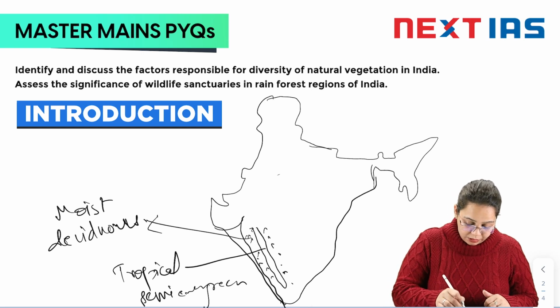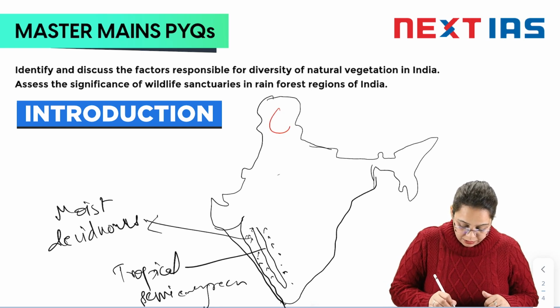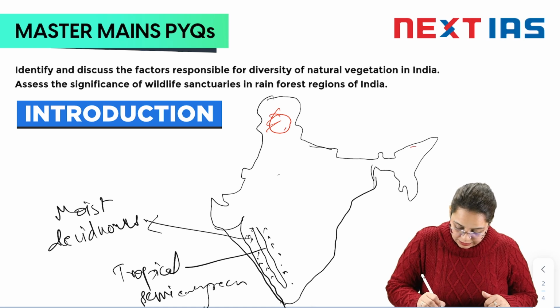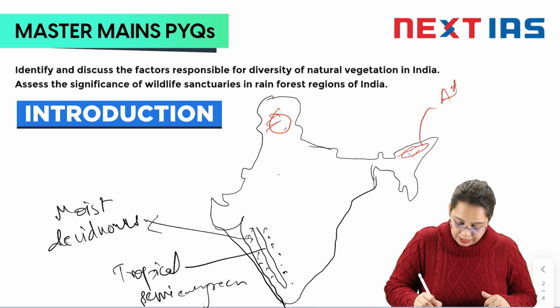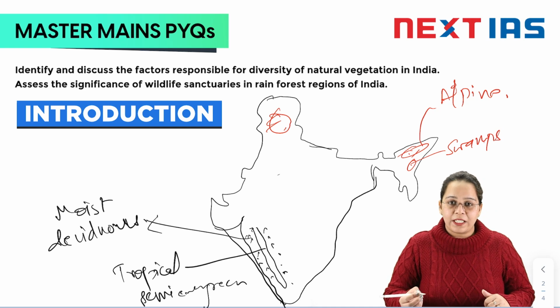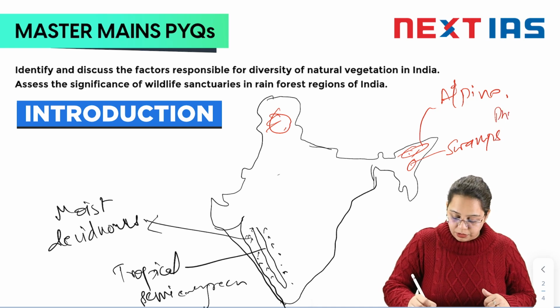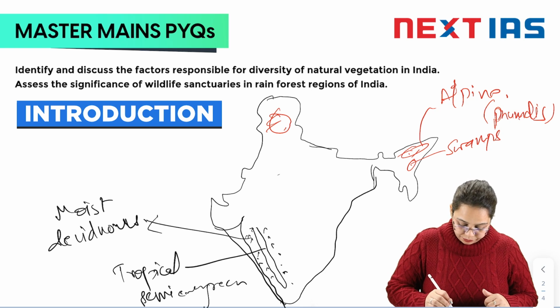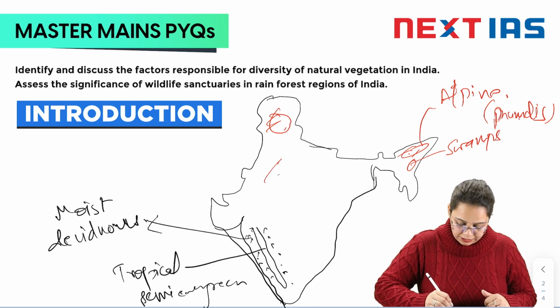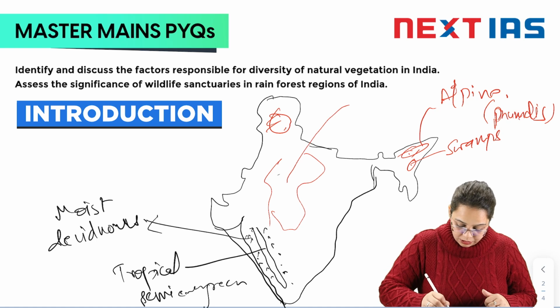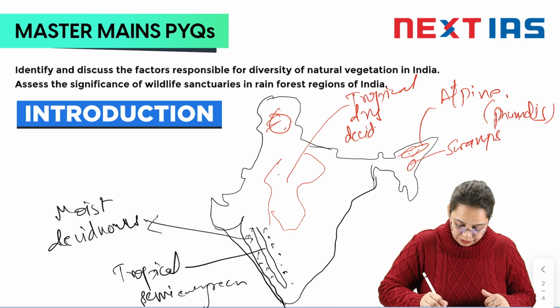I'll use a different color. Here, these areas and these areas are alpine. Here are swamps, you know, in Manipur, Loktak Lake. Phumdis you have heard about, we'll quote these also. Now this major chunk of area is tropical dry deciduous.